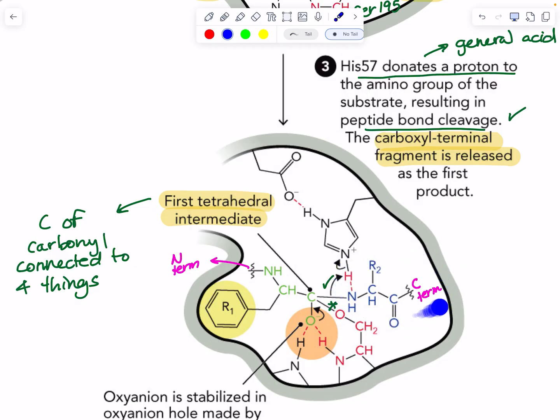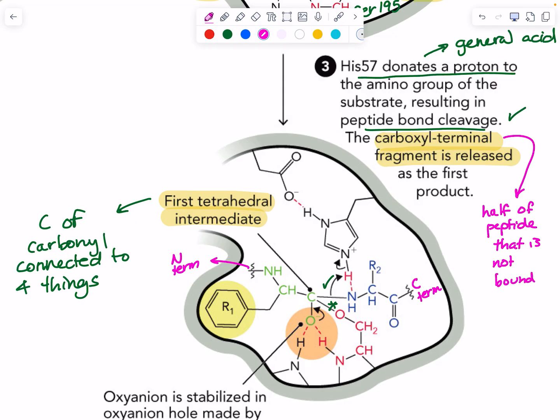So the part that is not covalently bound to the enzyme is released. So this is the half of the peptide that is not bound covalently to the enzyme. All right.